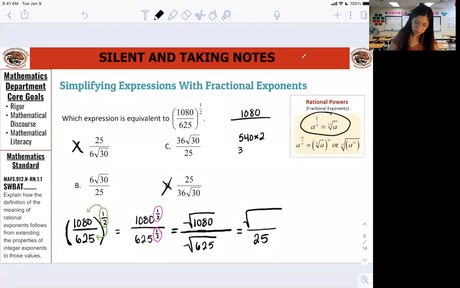Nice. 216 times 5. All right. 4 times 270. 6 times 180. Good. 8 times 135. 9 times 120.